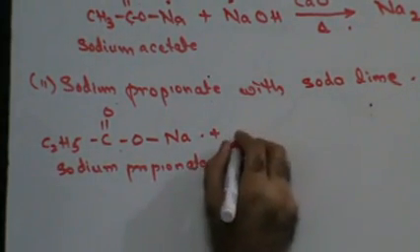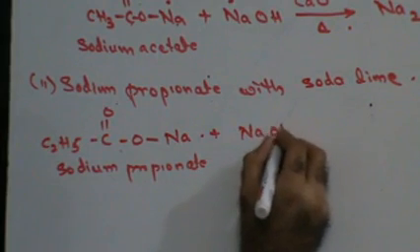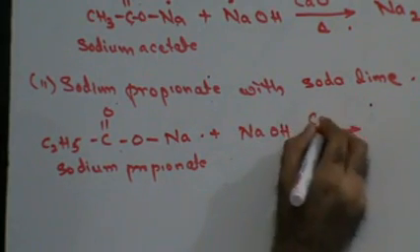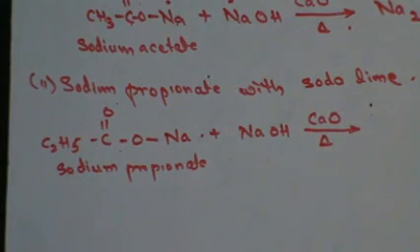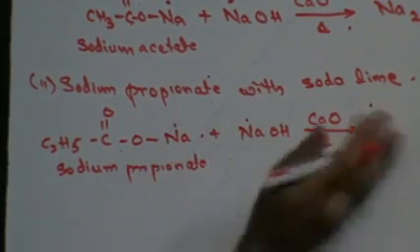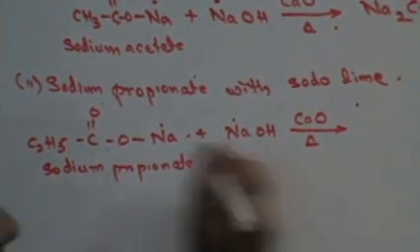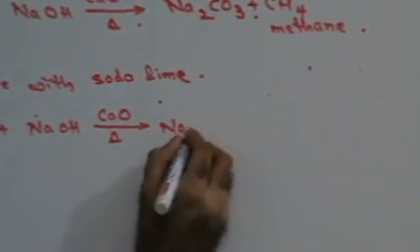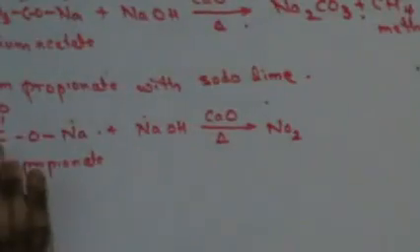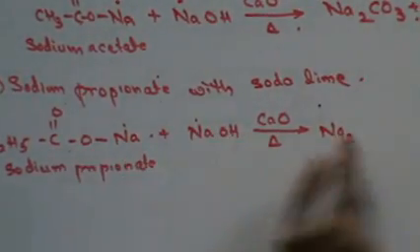Reacts with sodium hydroxide, calcium oxide as the catalyst, and is heated, right? You will have decarboxylation. Decarbo means remove carbon, remove oxygen. This sodium will combine with this sodium to give you Na2CO3.